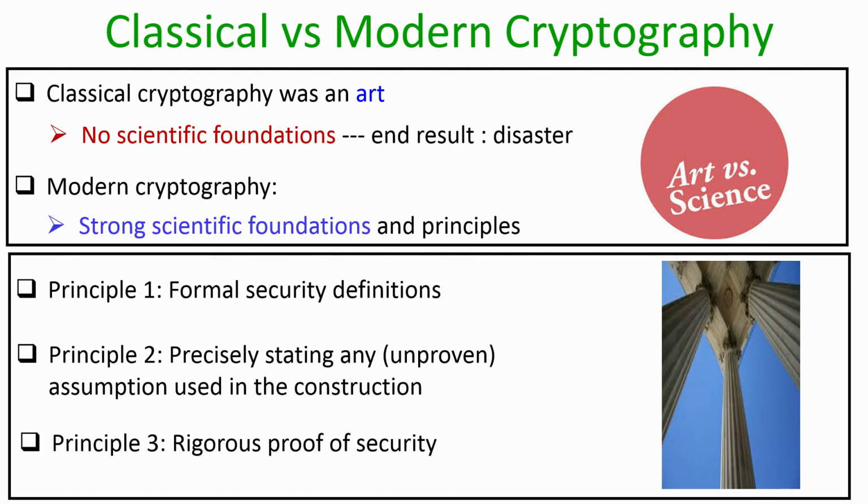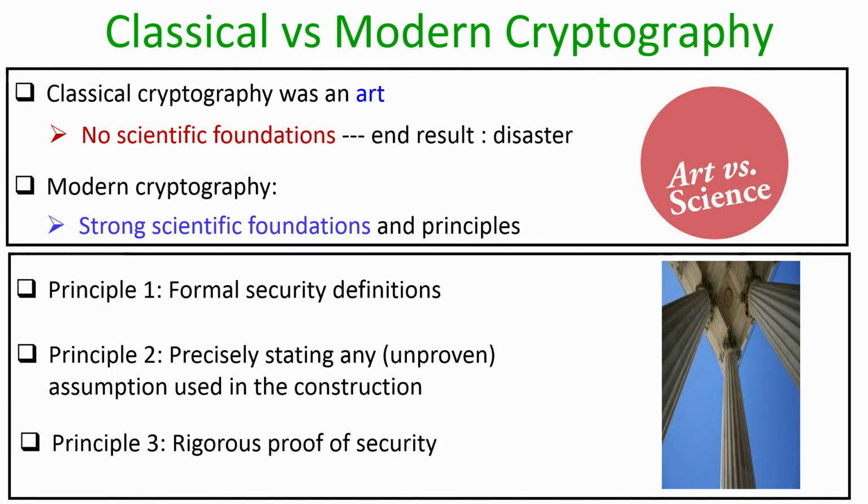Principle 2 states that once we have the definition and proceed to construct a primitive which satisfies it, we should precisely state any unproven assumption which we are using in our construction. Looking ahead, we will see in this course that the security of all the crypto primitives we design will be based on some unproven hardness assumptions.